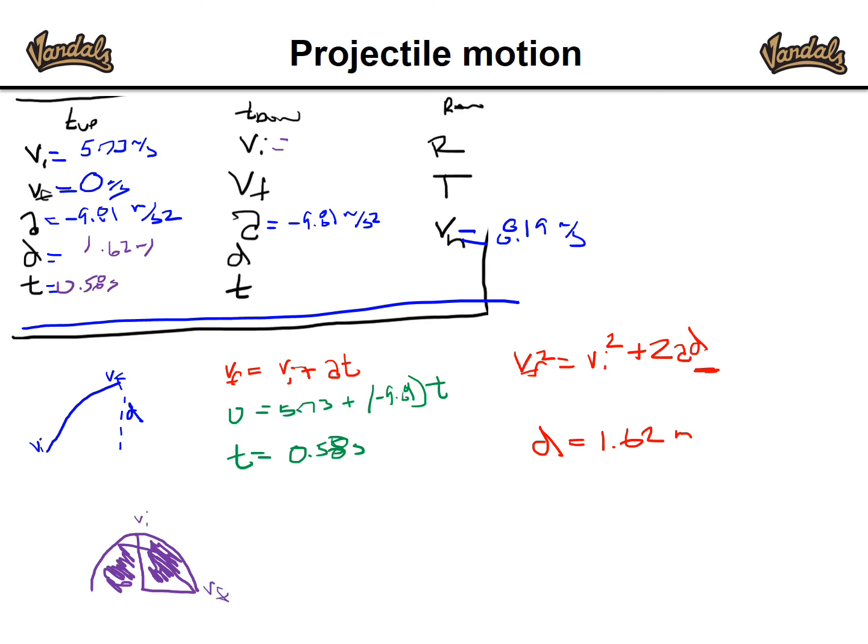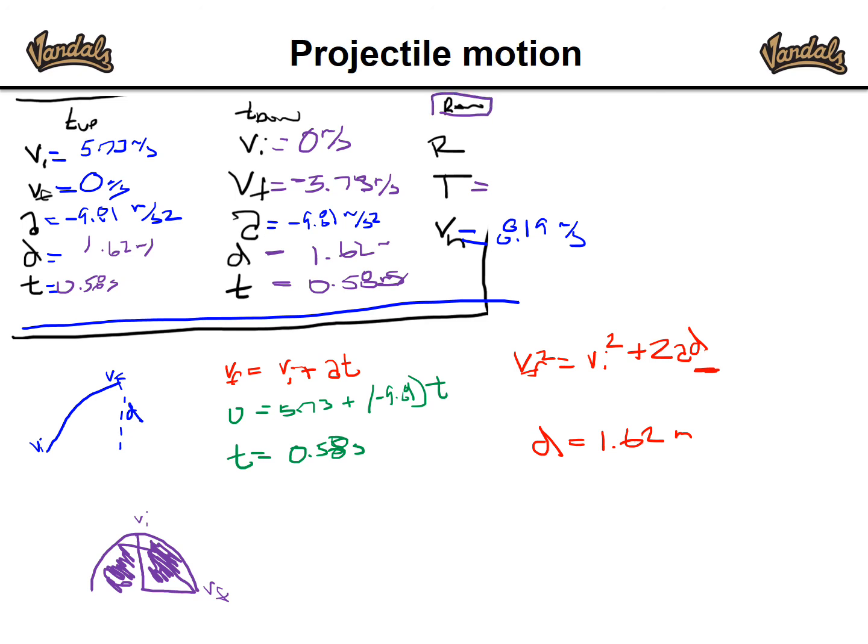I know my VI is 0 meters per second. My VF is the same velocity as at the start, but in the negative direction, because I'm going back to the origin. The D is the same, and the time is the same.